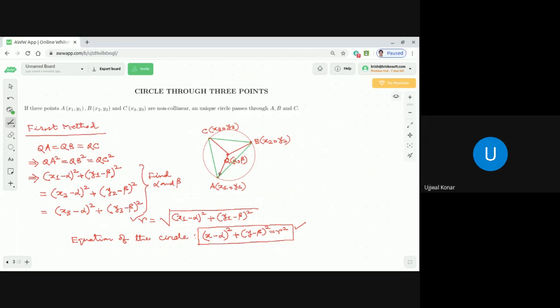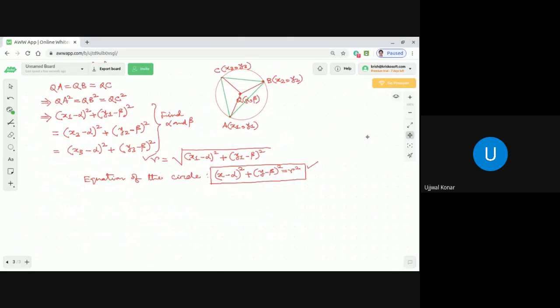This is the triangle ABC that I have drawn in green color, and the circle under consideration passing through the points A, B, C is called the circumcircle. So this way, in the first method, we are able to find a unique way of finding the equation of the circle. Now I'm going to discuss the second method, dear students.